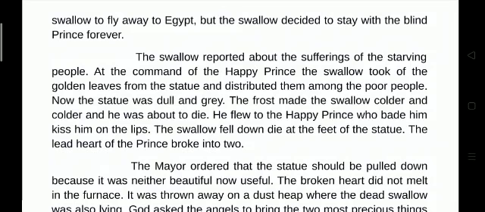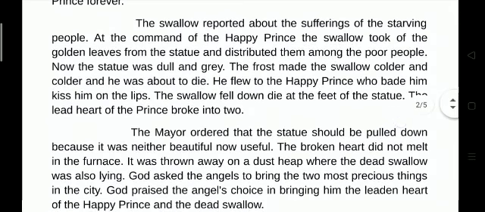The swallow reported about the sufferings of the starving people. At the command of the happy prince, the swallow took off the golden leaves from the statue and distributed them among the poor people.